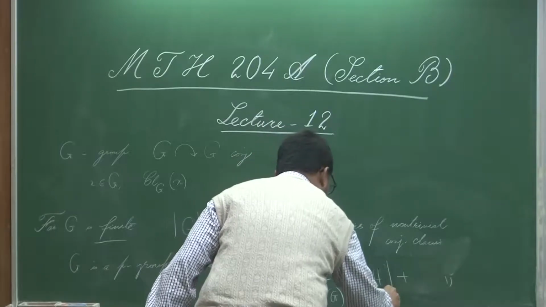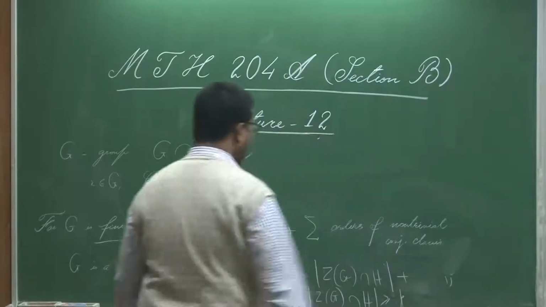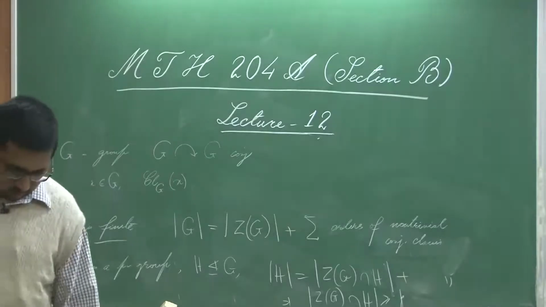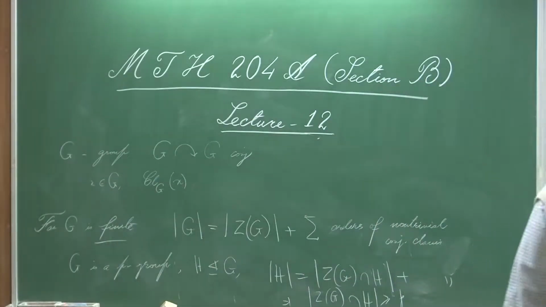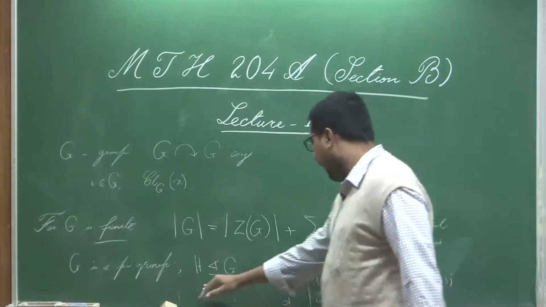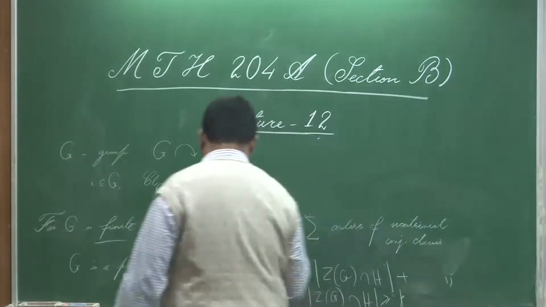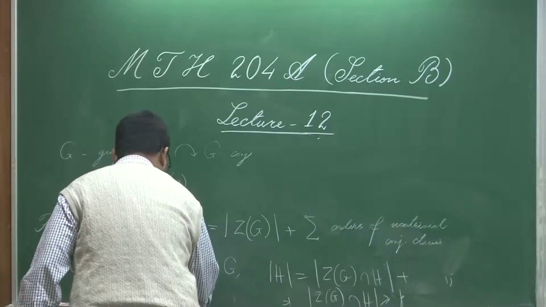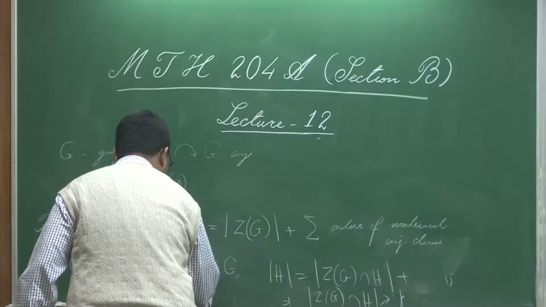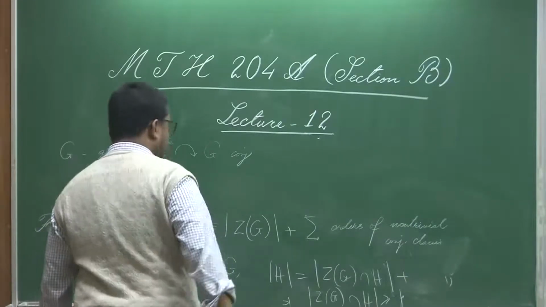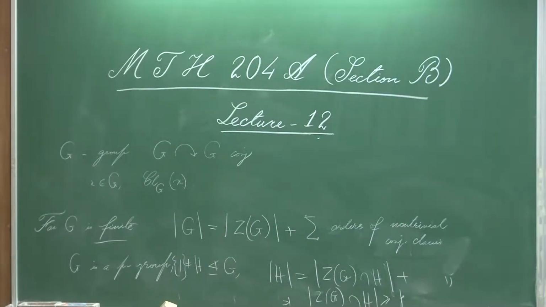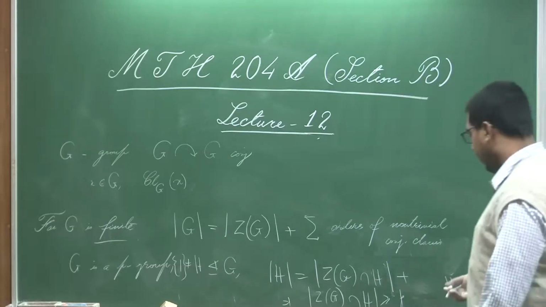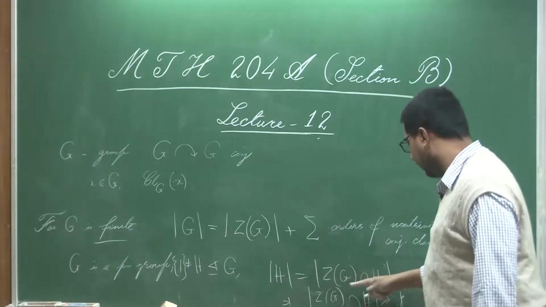So what we obtained is, for any p group and any non-trivial normal subgroup, if H is a non-trivial normal subgroup of P, then H intersects the center.